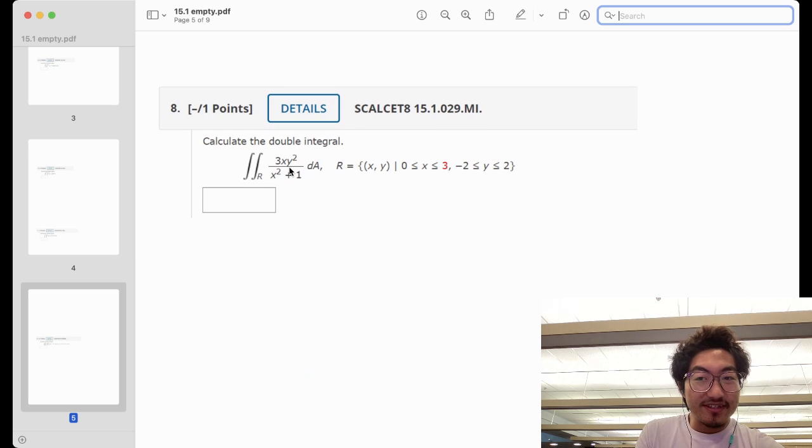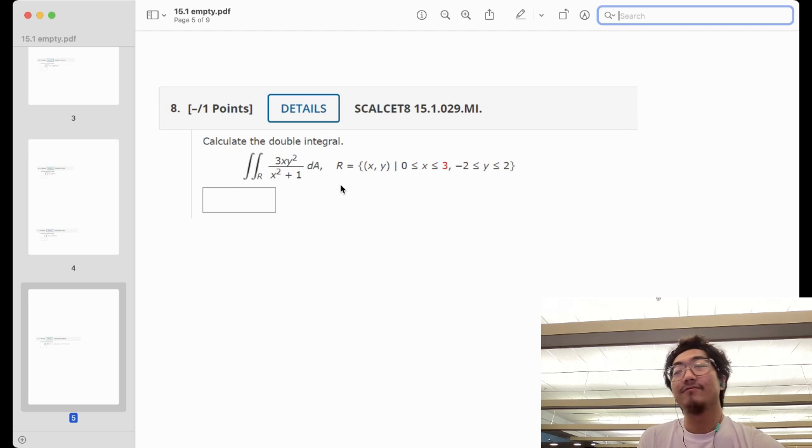Okay, number eight is pretty obviously going to be something like this. You can just set it up as dy dx, where y goes from negative 2 to 2 and x from 0 to 3.